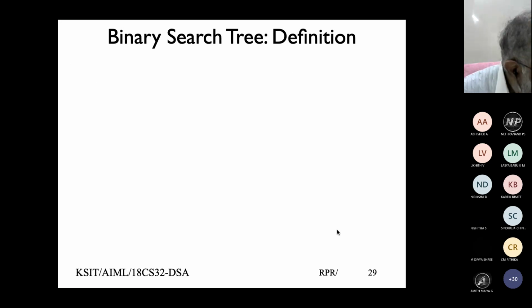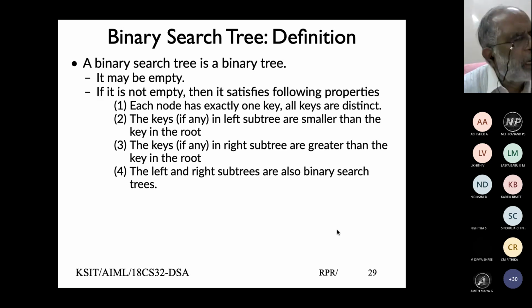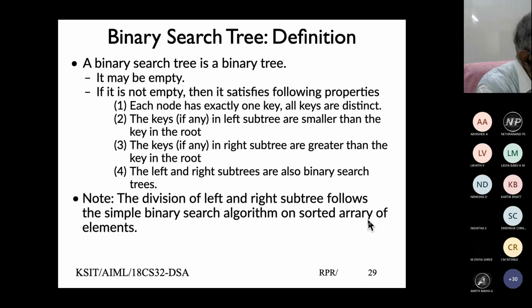Then we move to binary search, where we said that all the nodes in the left subtree would have a key value less than the parent node, and all the nodes in the right subtree would have key values larger than the parent node. So definition wise, we said either the binary search tree could be empty. If it is not empty, it satisfies the following property.